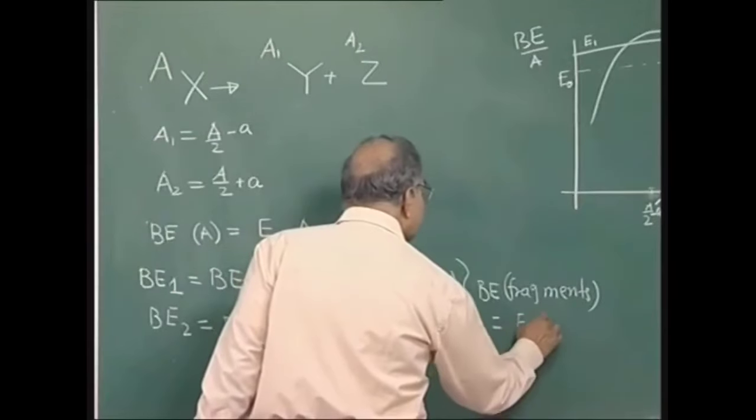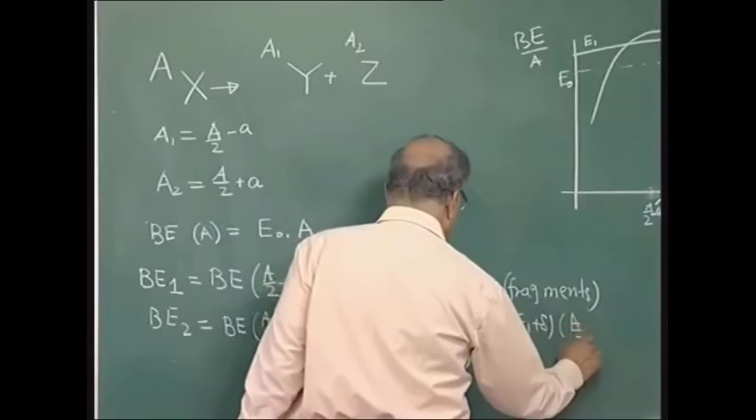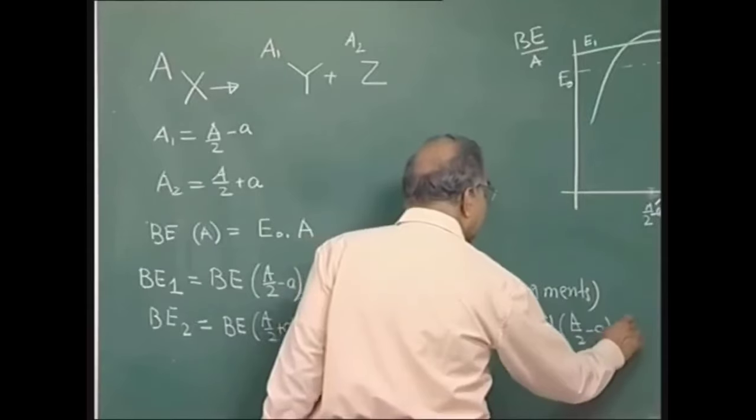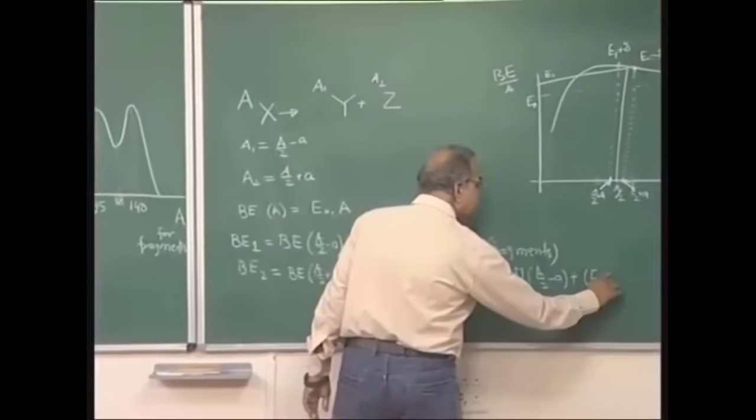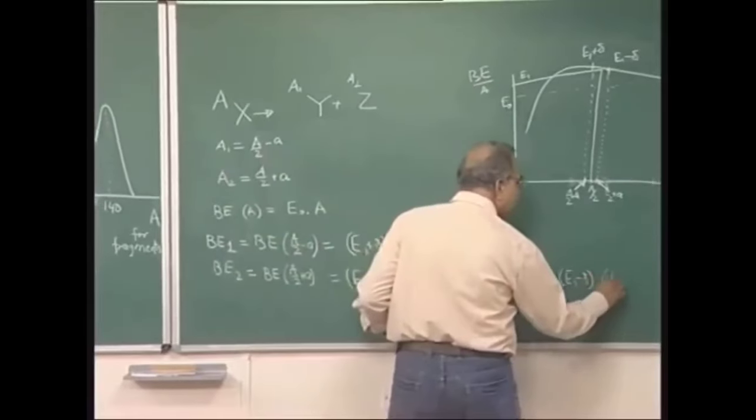that is, E1 plus delta times A by 2 minus small a, plus E1 minus delta multiplied by A by 2 plus a.